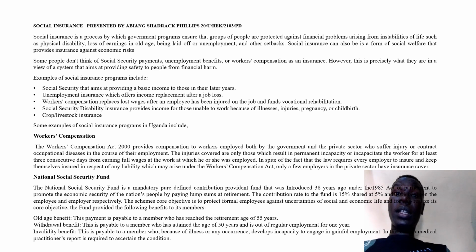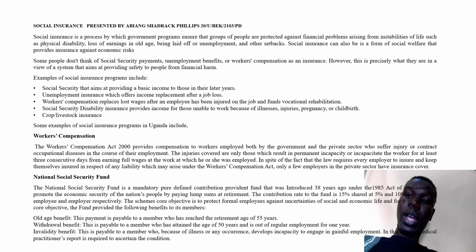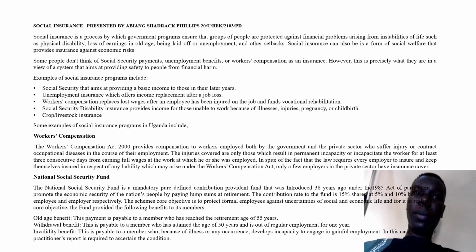So you find in this fund, the contribution rate is 15% of the employee's salary, but then it is shared where 5% is pulled by the employee and 10% is pulled by the employer. So that's an example of a social insurance program.